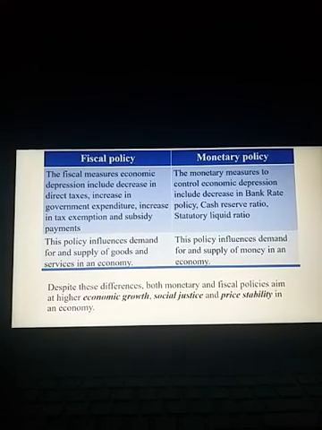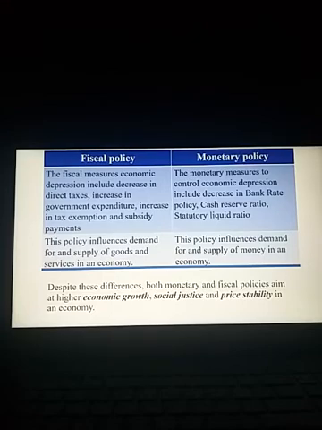The next point of difference between fiscal and monetary policy is that the fiscal measures for economic depression include a decrease in direct taxes and an increase in government expenditure, an increase in tax exemption and subsidy payment.